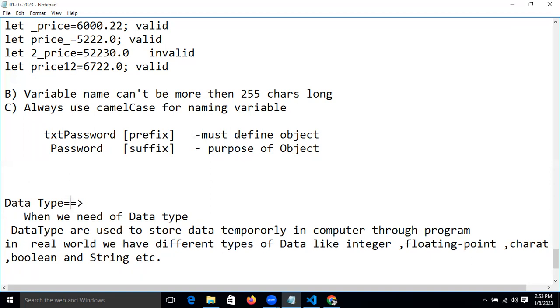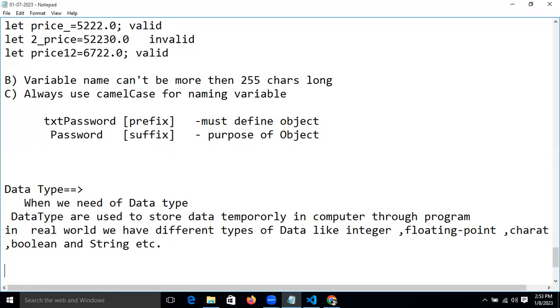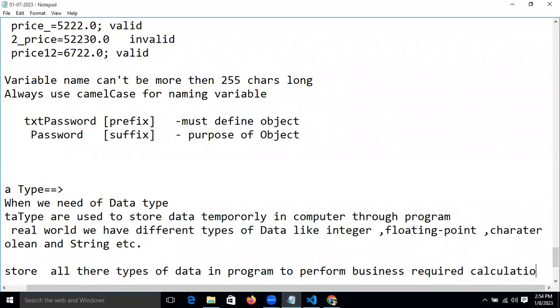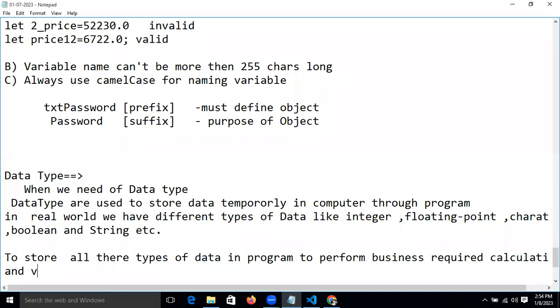Data types are used to store all these types of data in a program, to perform business-required calculation and validation.